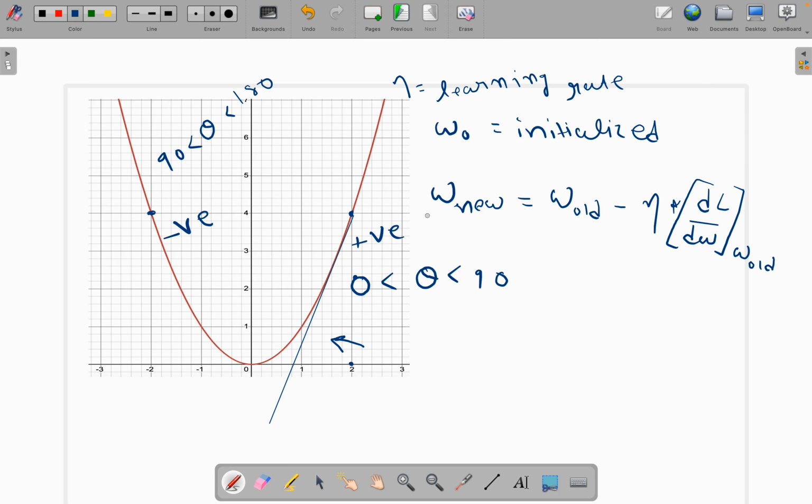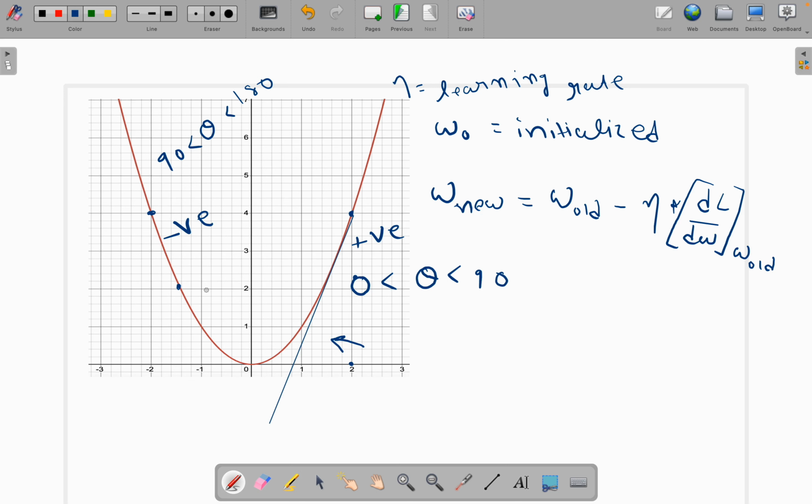Ultimately we are multiplying w with our training points and getting the loss, so we have to reduce w's value. If we are subtracting something here, then we will get a lesser value for w. Same, if let's say I have reached here, right?